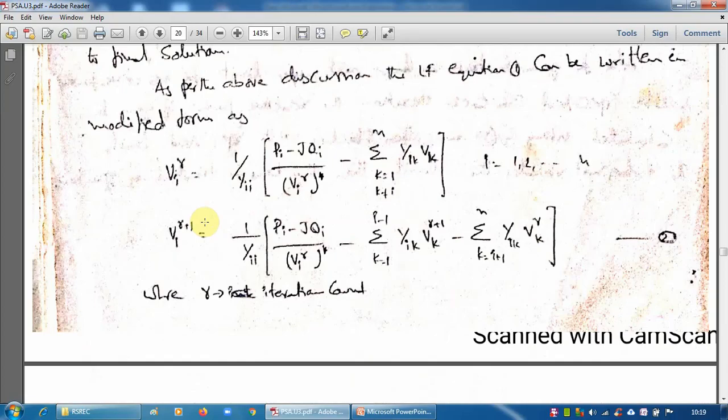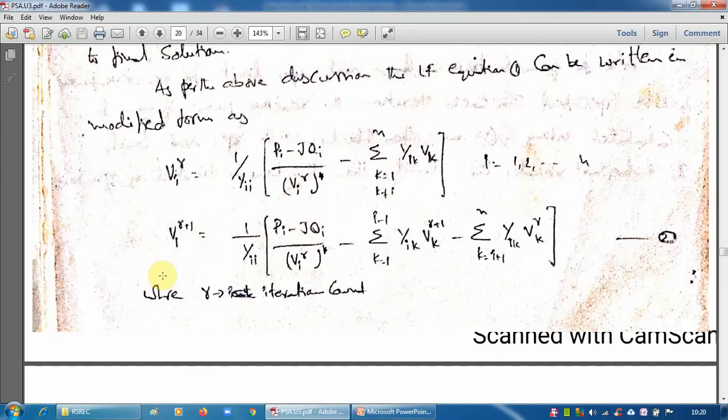Before going to the second iteration, we have to check the difference between the fresh value and the previous value. Here the difference is V1 of 1 minus V1 of 0, and for the second variable V2 of 1 minus V2 of 0. Like that for all the bus voltages we have to check the difference between the previous iteration and the fresh iteration.